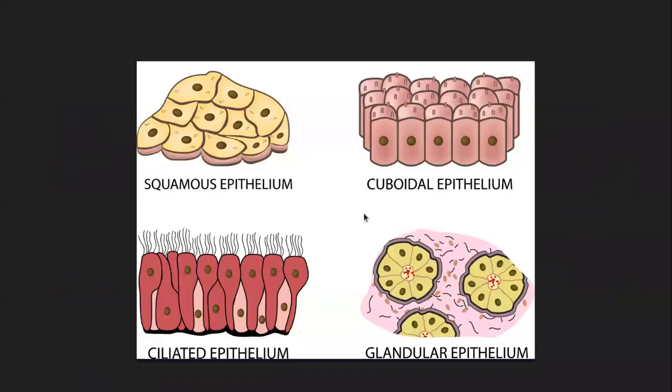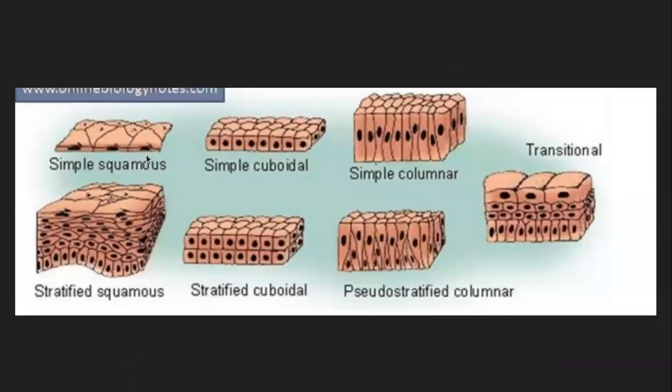The book says squamous and then stratified, and then they put all these categories in stratified, and then subclassify them into stratified squamous, stratified cuboidal, and so on. But what we had done was look at simple squamous, stratified squamous, and then cuboidal and columnar. But this classification is ultimately the same, whatever we had seen.